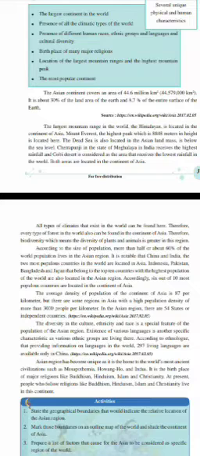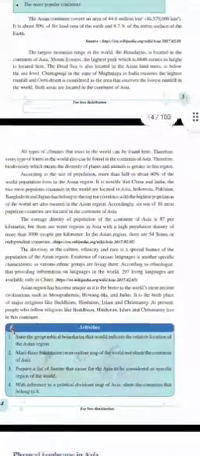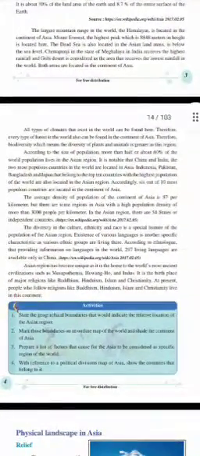Example: Buddhism, Hinduism, Islam, Christianity. And at present, people of different religions live in this region.